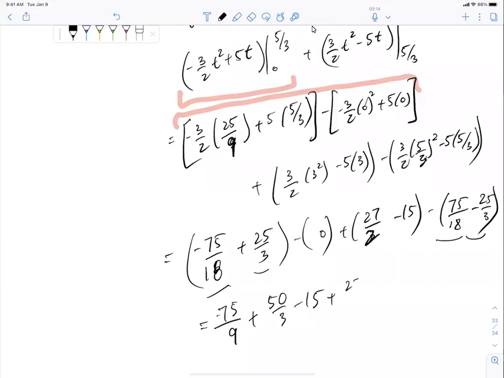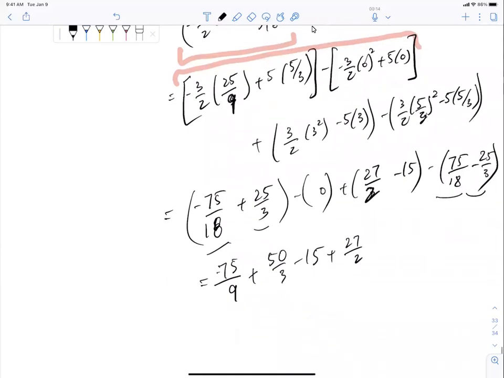And then plus 27.5. So from here, we can simplify this as 150 minus 75, you get 75/9 minus 3/2.